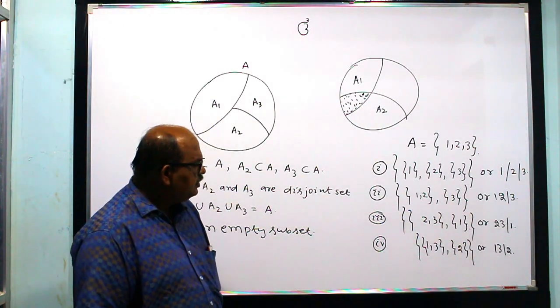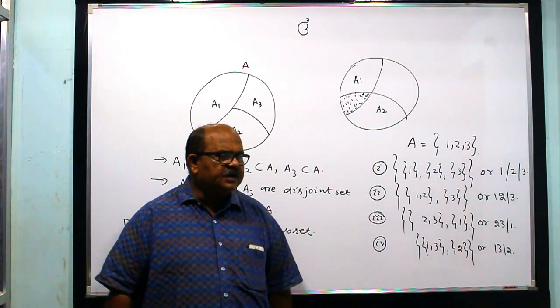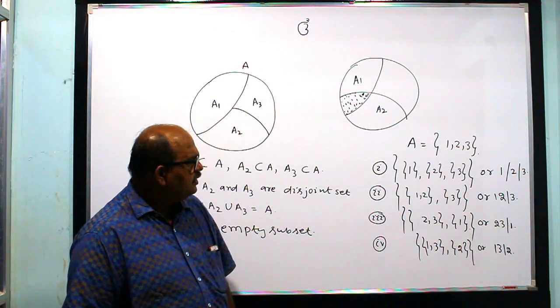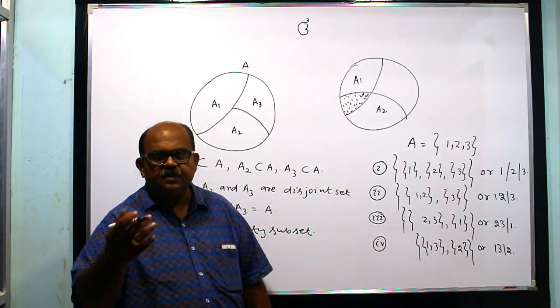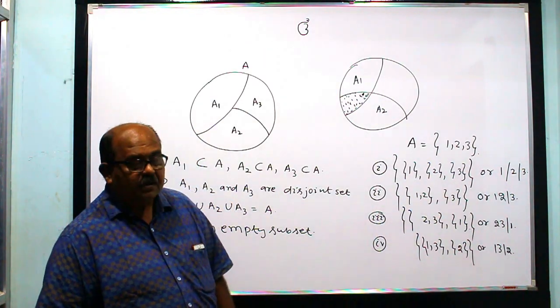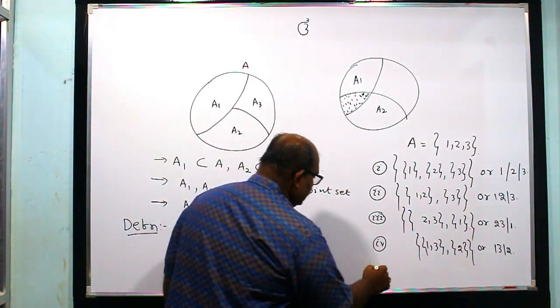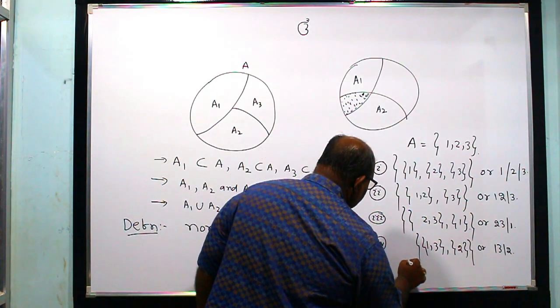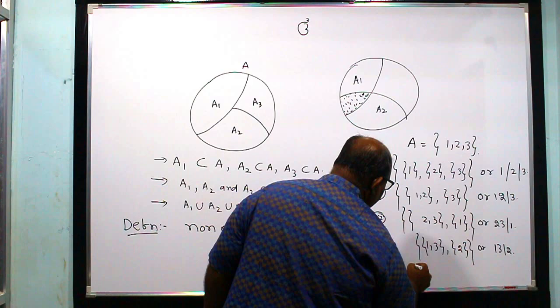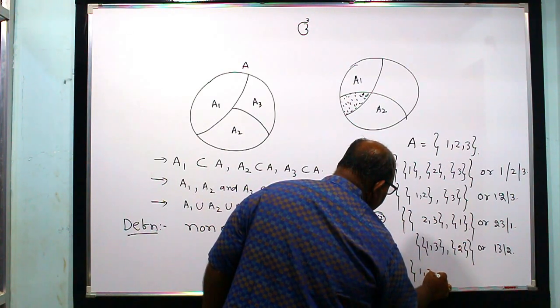Okay. Now think, is there any other partition available? Yes, available. That is this set directly, {1, 2, 3}.